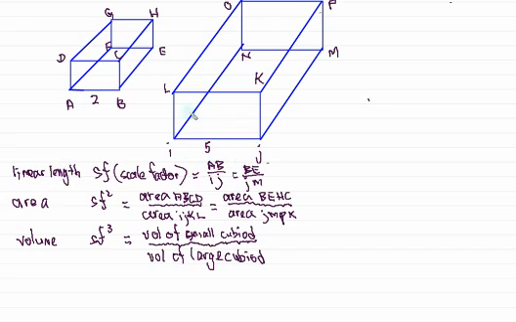So for a scale factor, if you compare this and this, you must find the corresponding lengths, which are I and J. So the scale factor in this case is 2/5. These are given.